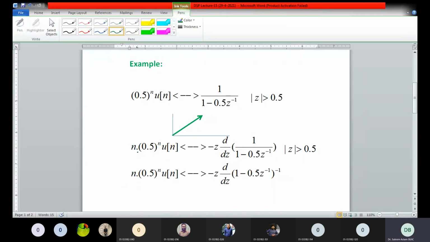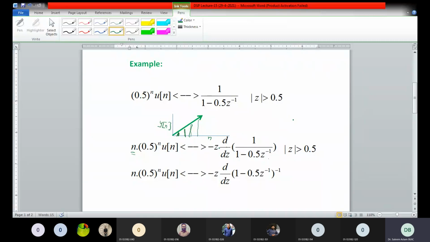When you multiply it by a ramp function n, the result is minus z times d by dz of 1 over 1 minus 0.5 z inverse, and the ROC will remain the same.